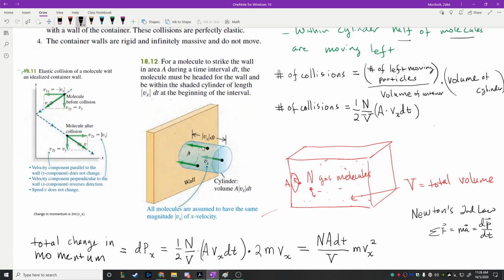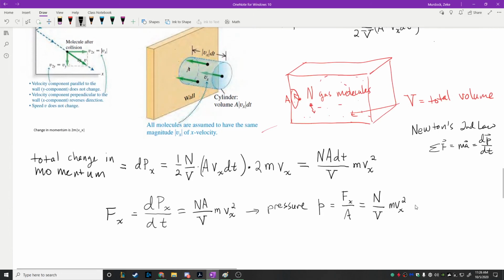But individually, they do not all have the same velocity, okay? That assumption is just not realistic, so we need to somehow deal with the fact that these velocities are not actually the same.